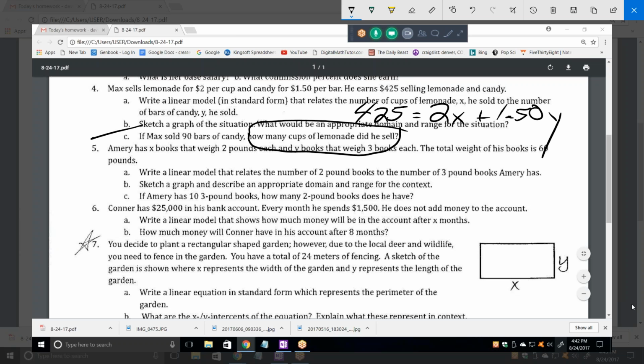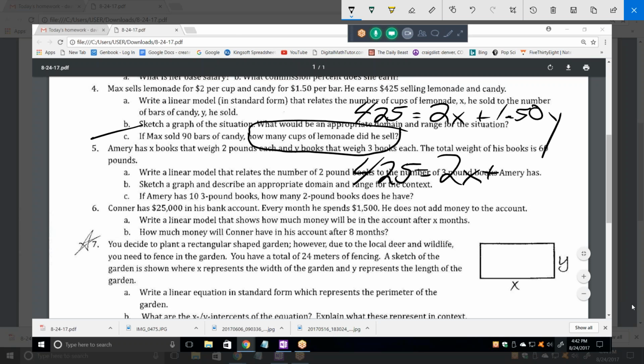All right. So let's start. 425 equals 2x plus what? 1.50 or 1.5 times what's y? And what is y here?